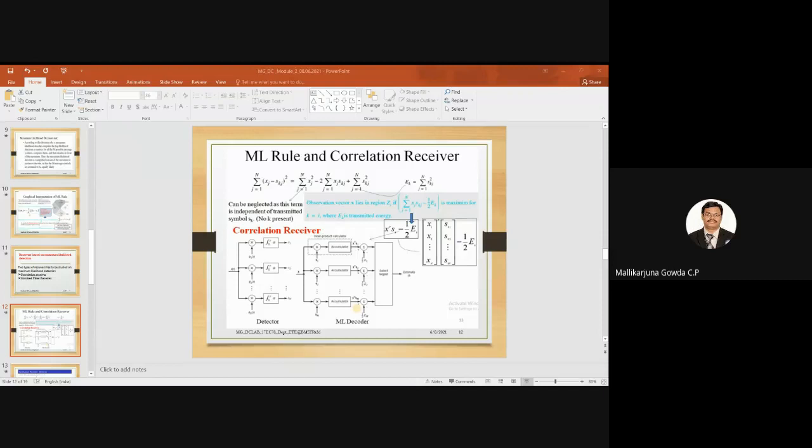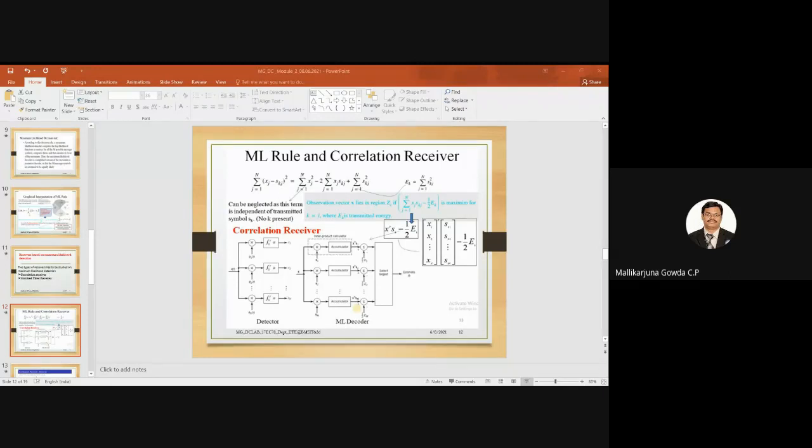And the third term is the energy of the transmitted signal, that is sk of t. This is how we define the energy of the signal: Ek is equal to summation j is 1 to n of s square kj. And what is the middle term?